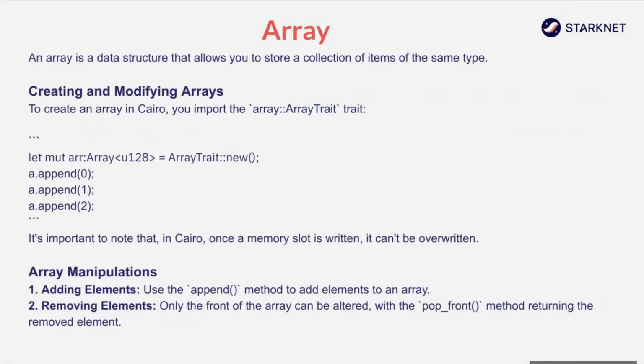So array is also a compound type in Cairo. It is a data structure that allows you to store a collection of items of the same type. So I'm going to be practicalizing this one. When you create arrays in Cairo, they have to be of the same type.